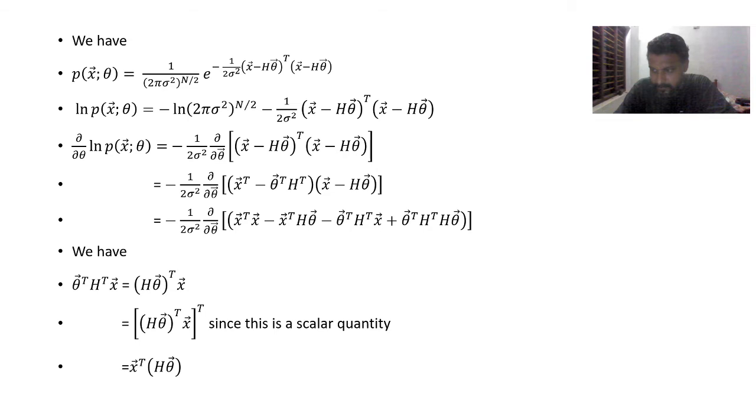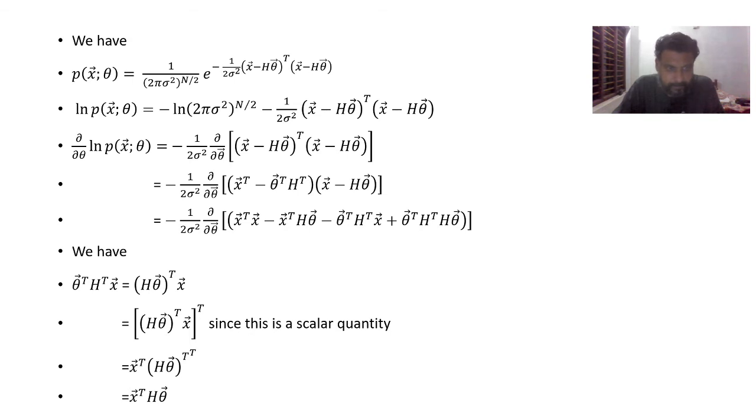The transpose and transpose will cancel. It gives you x transpose h theta. So that I will write instead of theta transpose h transpose x. In the third term, I will represent the third term inside the square bracket as x transpose h theta instead of theta transpose h transpose x.